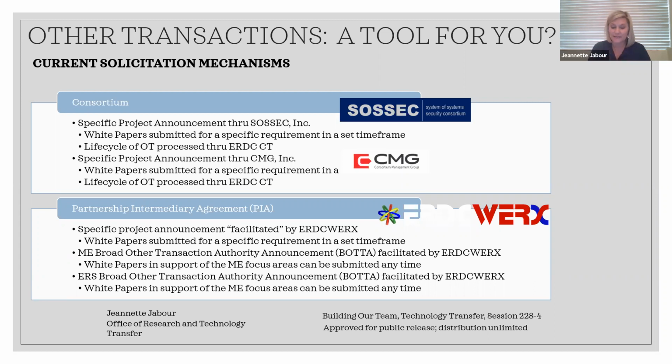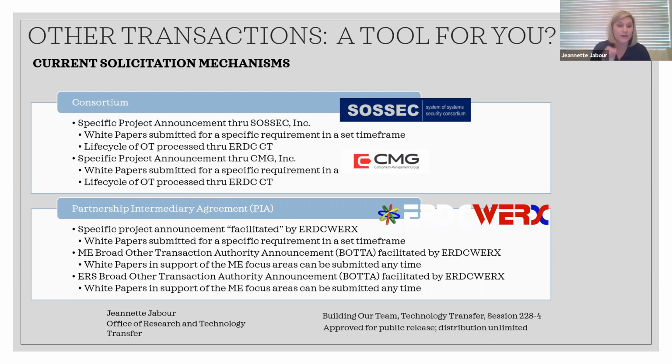At ERDC, we actually conduct R&D in 5 major areas: military engineering, environmental quality and installation, civil works and water resources, geospatial research and engineering, and then we have engineered resilient systems.